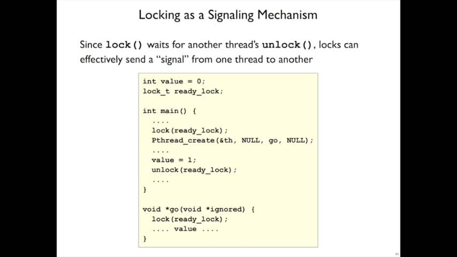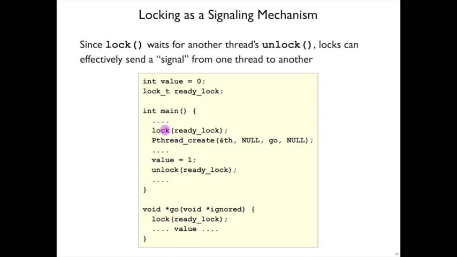And then a final use of locks is that they can act as a signaling mechanism. So here I have something that looks similar to our Echo server. We're creating a thread, and then that thread's going to go. But the thread is supposed to use a value here that's initialized by the main thread after the thread is created. And absent these lock and unlock calls, there's nothing that says this value would get updated before the Go thread starts using it.